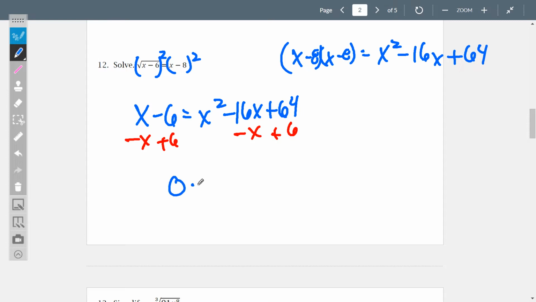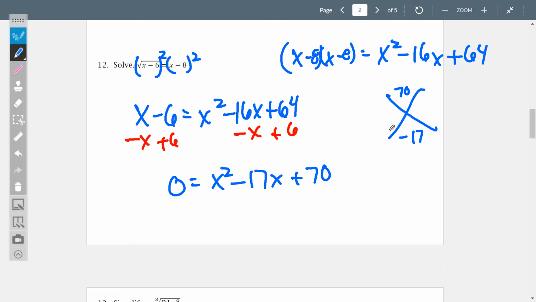So we get 0 equals x squared minus 17x plus 70. So we need to factor this. We're looking for numbers that multiply to 70 and add to negative 17. That's negative 10 and negative 7. Multiply these to get 70, add these to get negative 17. So that means this factors into x minus 10 and x minus 7.